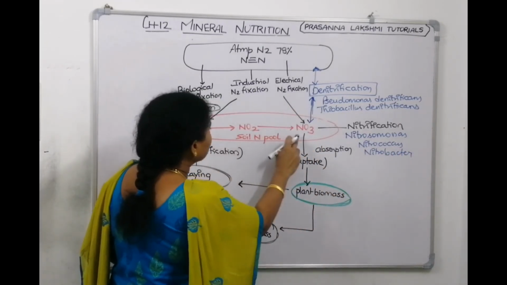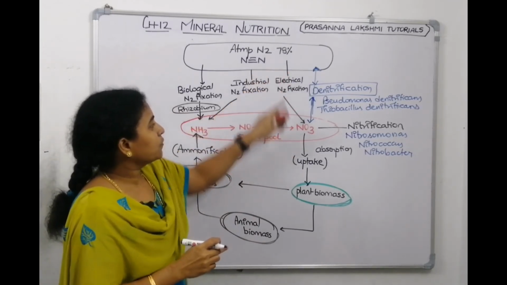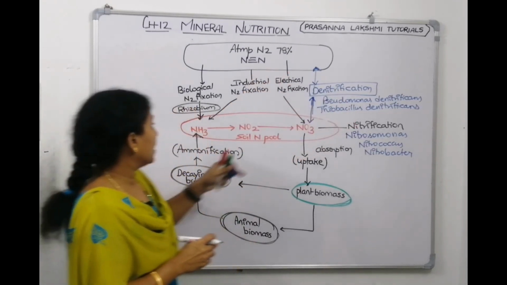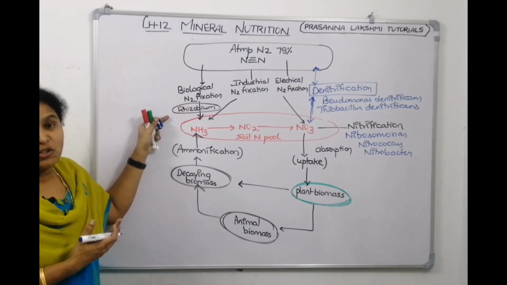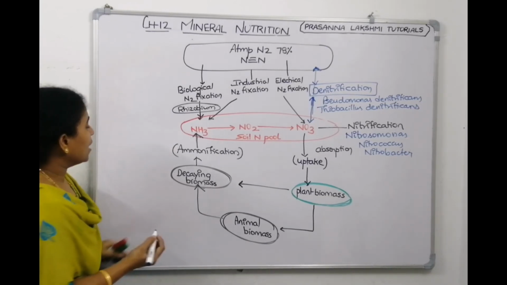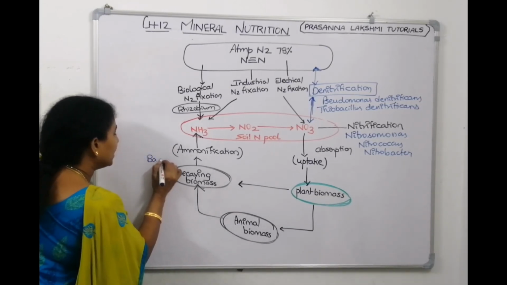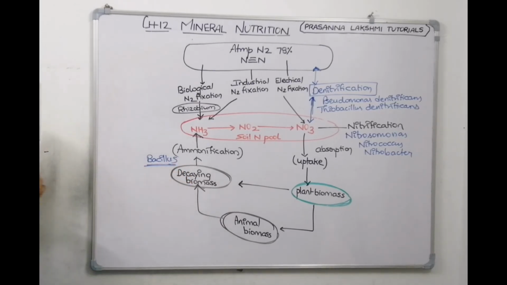Now conversion of this is done by these three bacteria. Conversion of this to atmospheric nitrogen is done by these two bacteria. N2 to ammonia is done by a very good bacterium, Rhizobium. There are so many, we just listed one. Then ammonification is done by Bacillus.